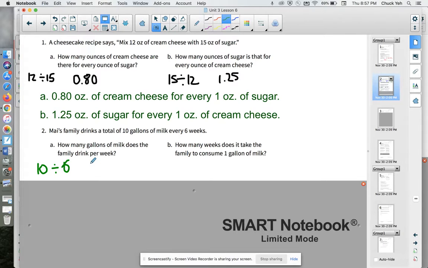Let me see on my calculator. 10 divided by 6. Oops, I don't think I did it right. 10 divided by 6. 1.66.